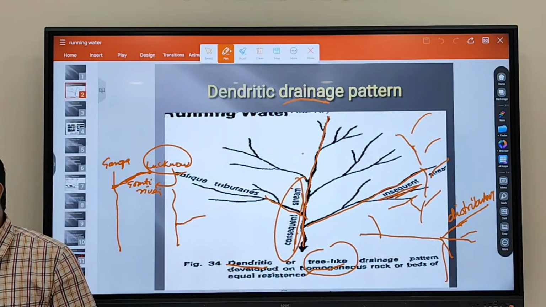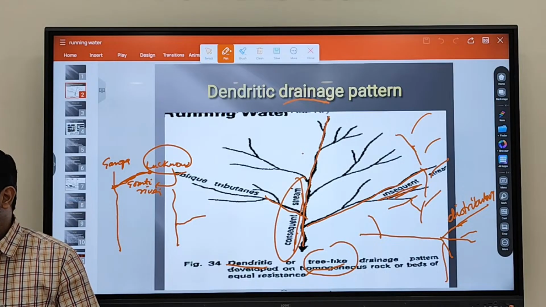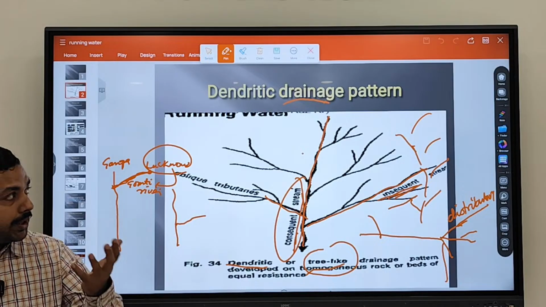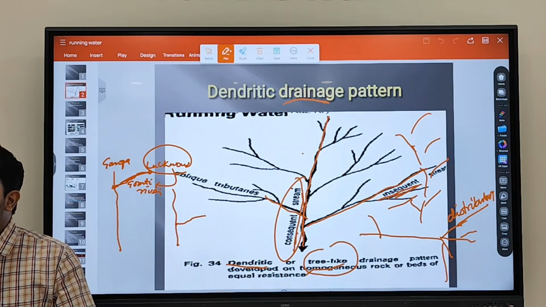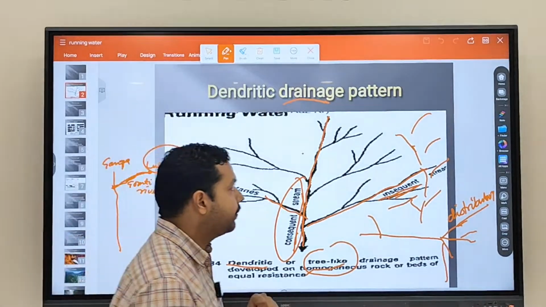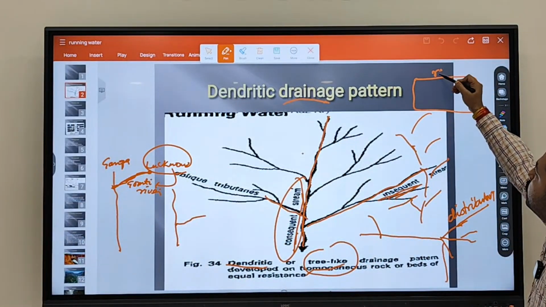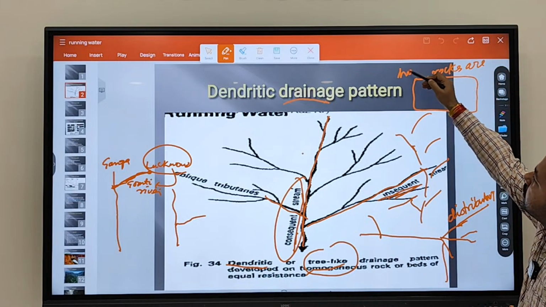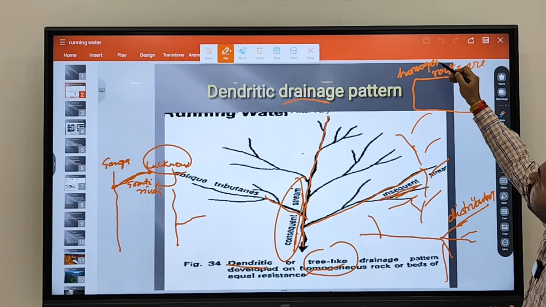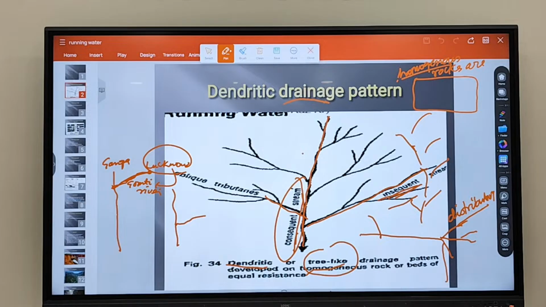In which area will you find this type of dendritic drainage pattern? Generally in areas where rocks are homogeneous in nature.